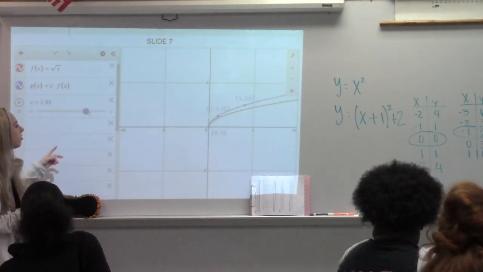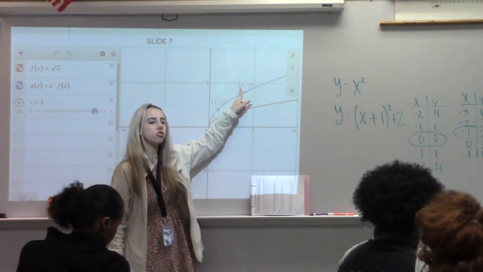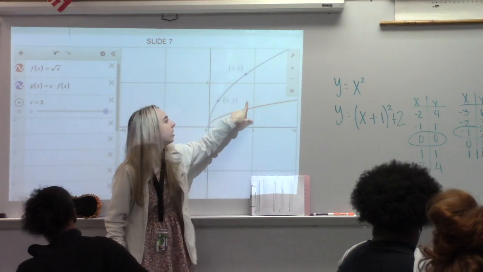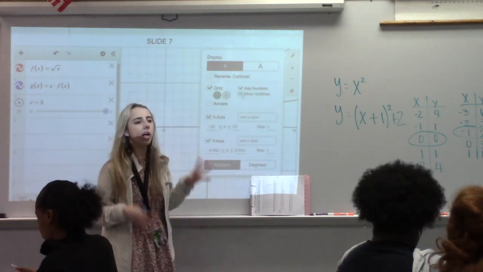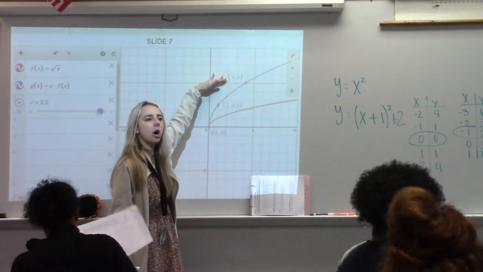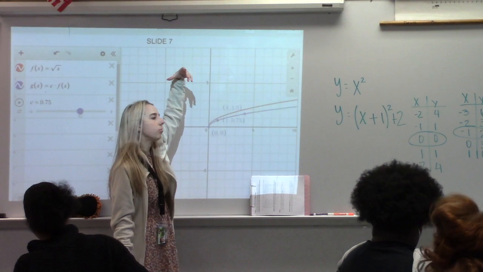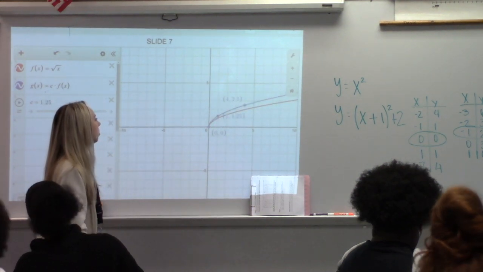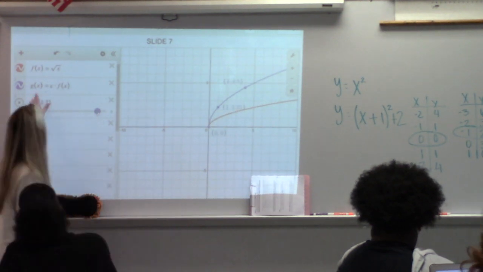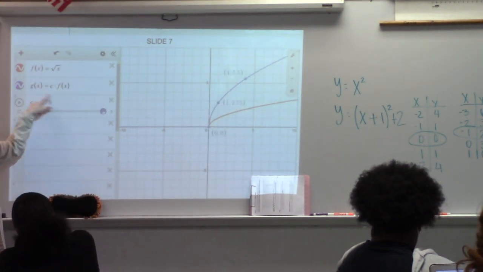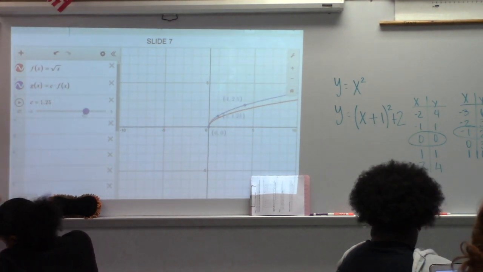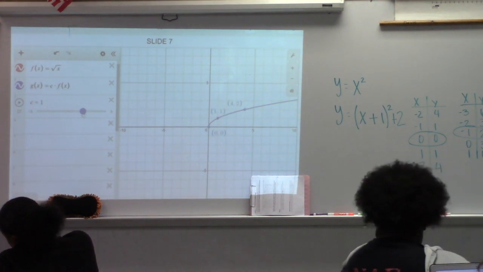If we move this slider, what do you notice about this transformed function? It's stretching. Where is it in relation to the parent function? Above. And we also talked about yesterday, if you look over here at line 2, multiplication is happening to what part of the function?